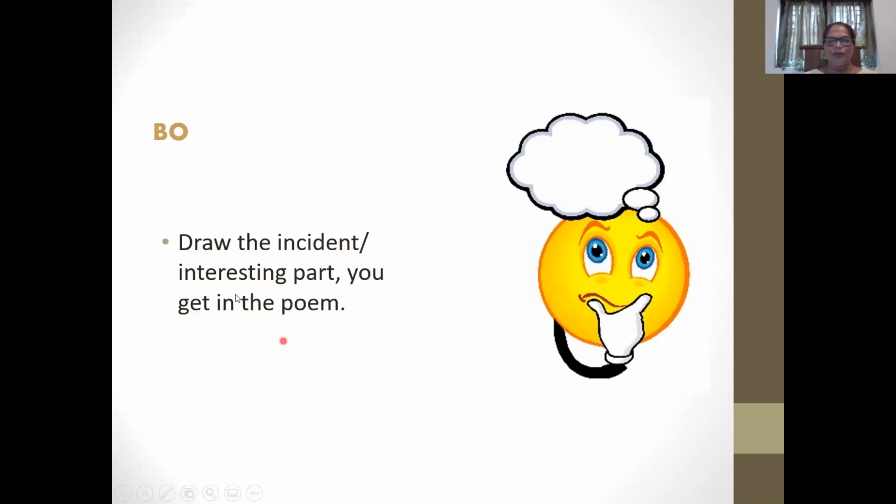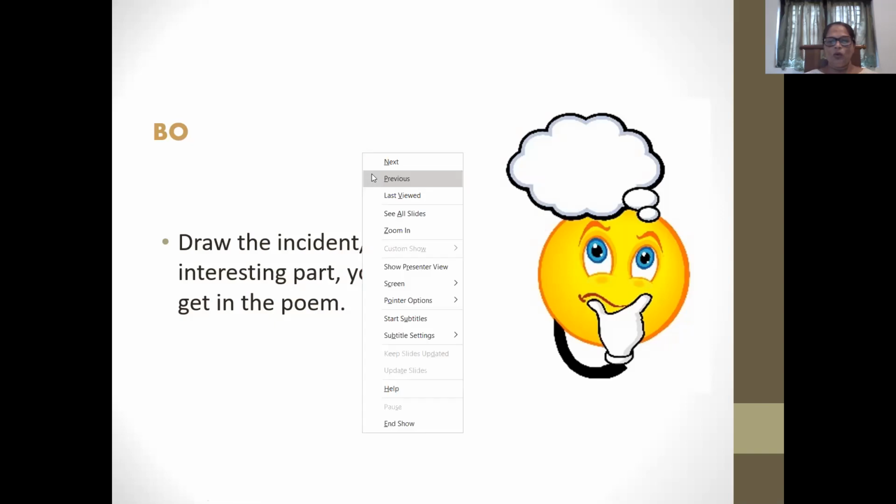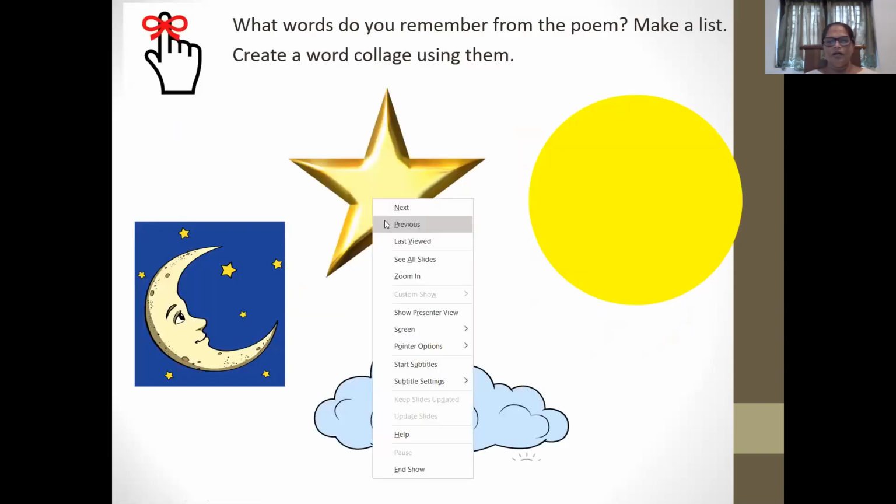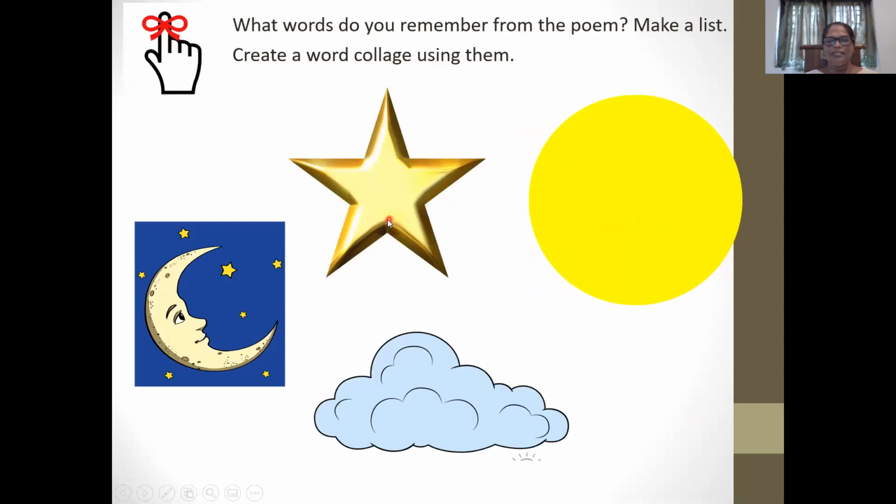Another thing you can do is draw the incident. We were reading the poem. We saw the pictures. So you can draw the incident you see in the picture. You can write, you can draw the whole incident that you get in the poem, or else a part.